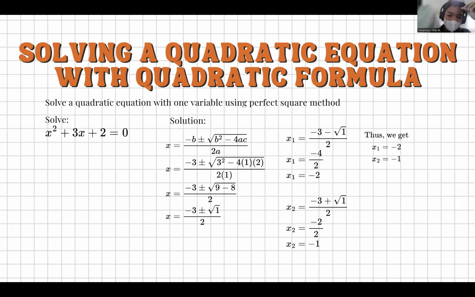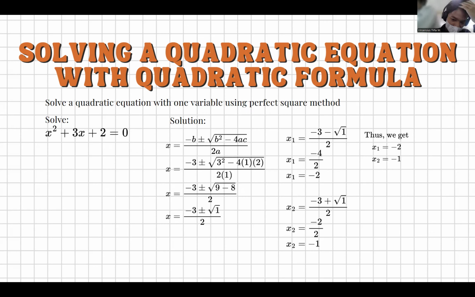So x is equal to negative 3 plus minus the square root of 3 to the power of 2 subtracted by 4 multiplied by 1 and then multiplied again by 2, and the sum is divided by 2 multiplied by 1.